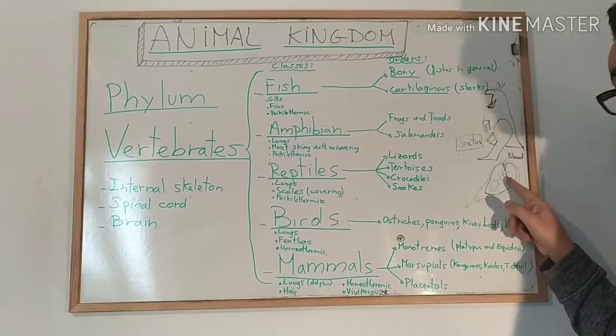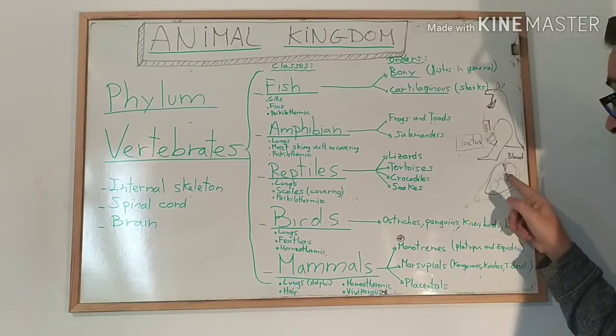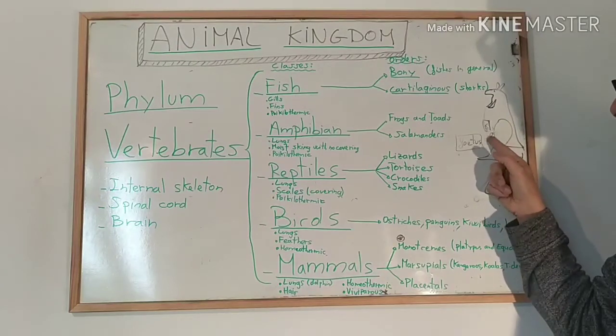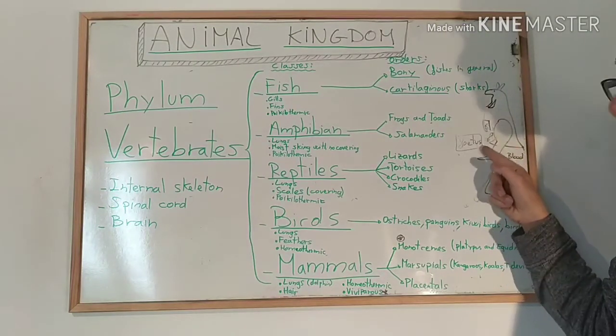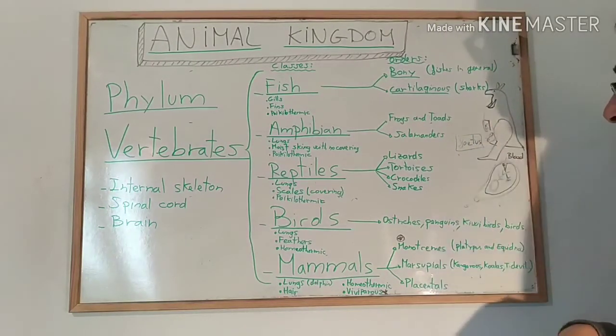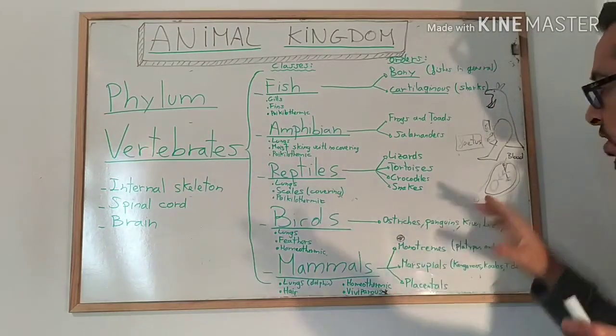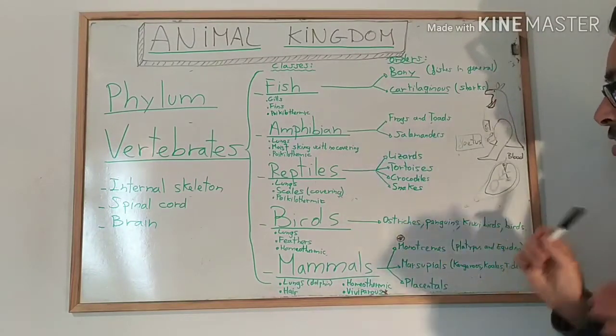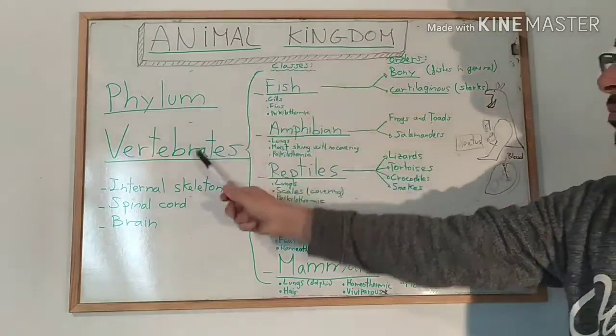This animal can live inside the uterus because the placenta is feeding it, okay? But in this one, there's no placenta, so it has to be born and go to the marsupium. And so, maybe the most difficult part of this is the difference between marsupials and placentals, okay? But this is all about vertebrates.